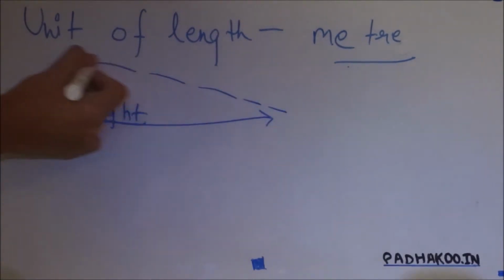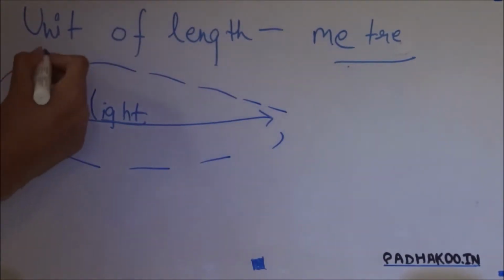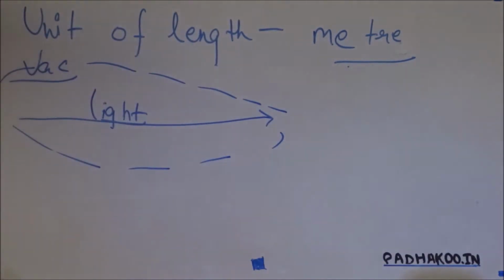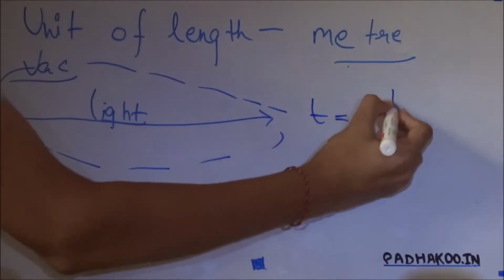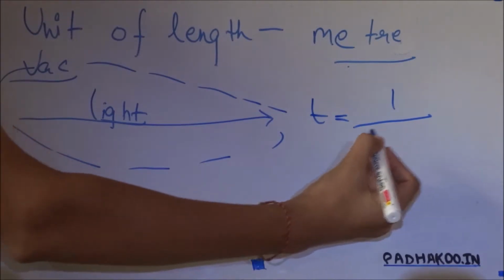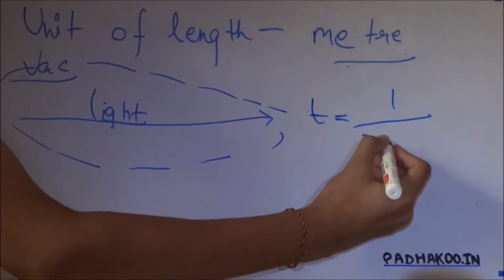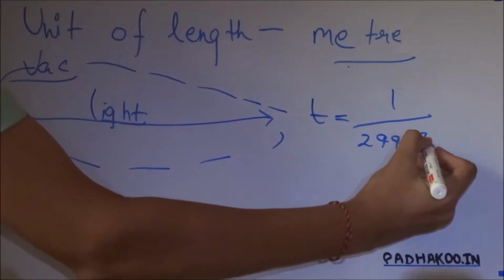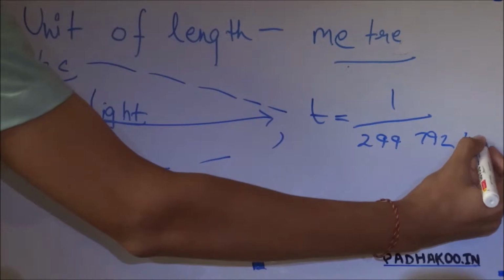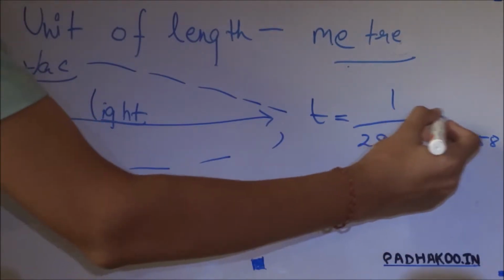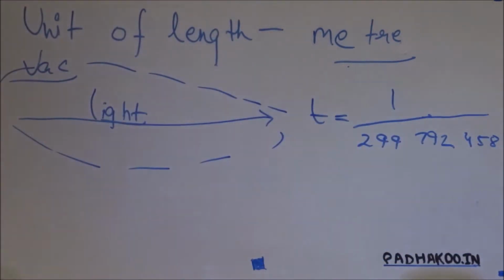Let's define it once again. 1 meter is the length of the path traveled by light in vacuum during the time interval of 1 upon 299,792,458.